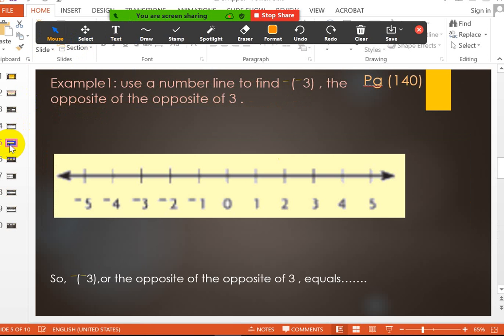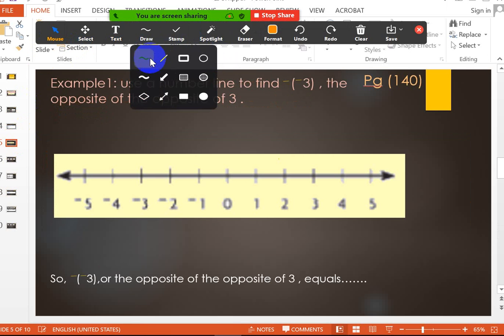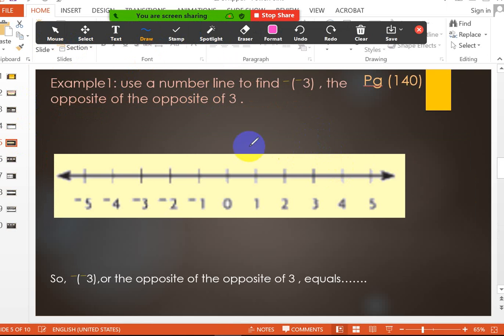Okay, girls, look. When we talk about the opposite of the opposite, girls, the number is what? The number is 3. This is the number right here. The opposite of 3 is what? On the number line, the same number has the same distance from 0.